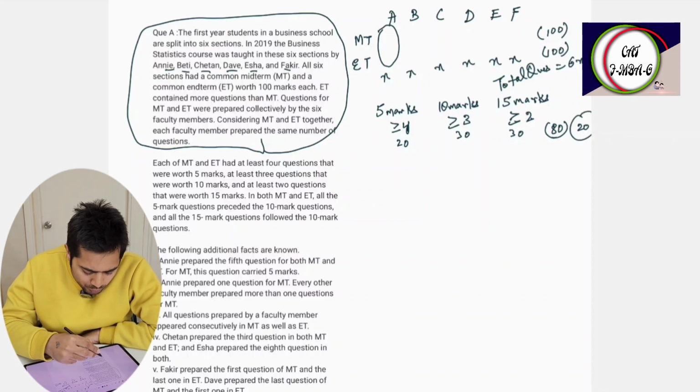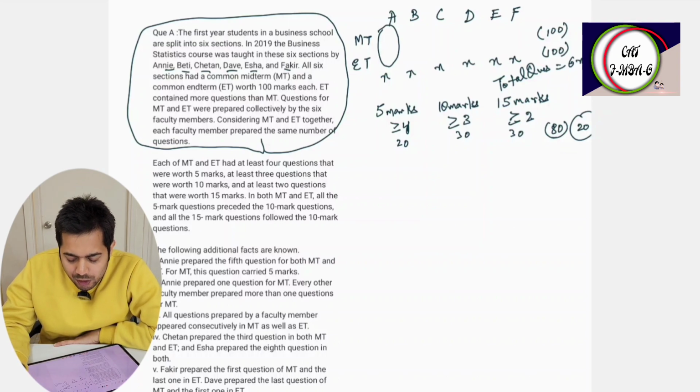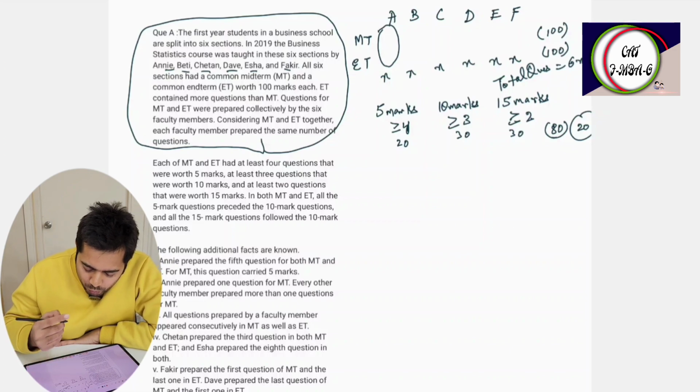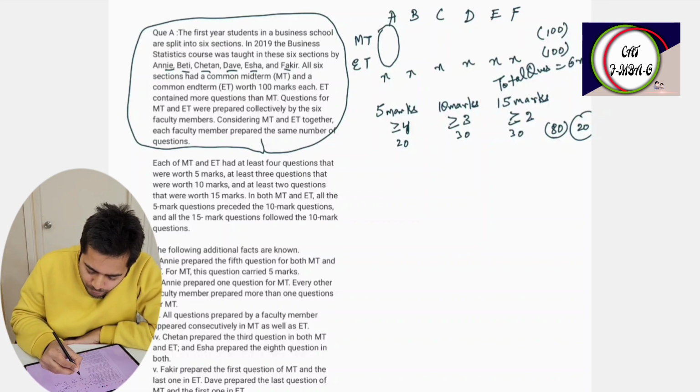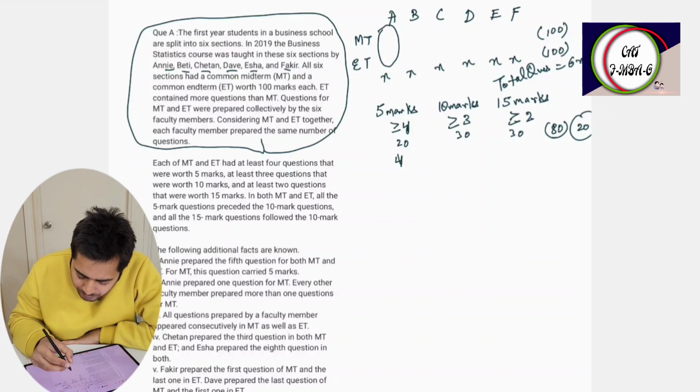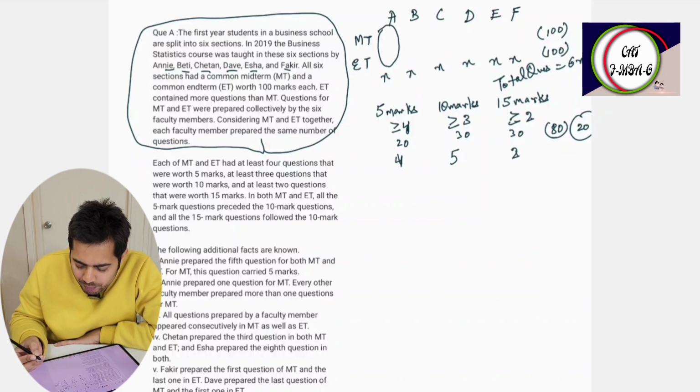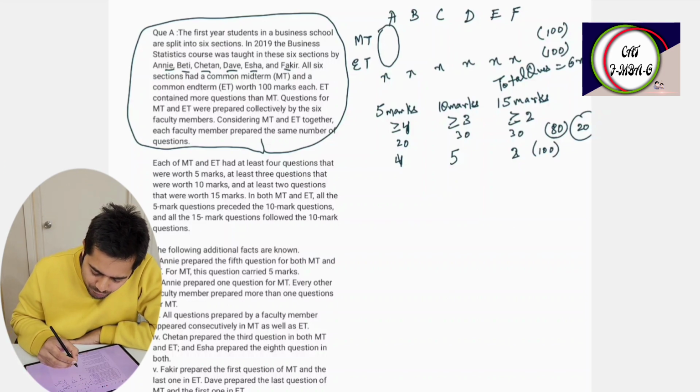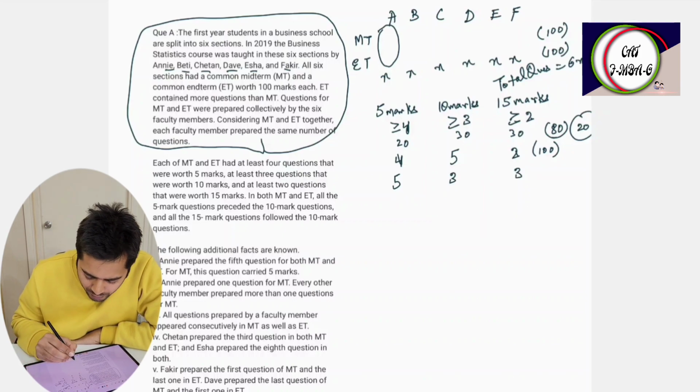Now before proceeding to the other points, let us understand how we are able to accommodate these 20 marks. One way we can do is 4 questions from 5 marks, 5 questions from 10 marks, 2 questions from 15 marks. That way we can get total 100 marks. Other ways, 5 questions from this, 3 questions from this and 3 questions from this.